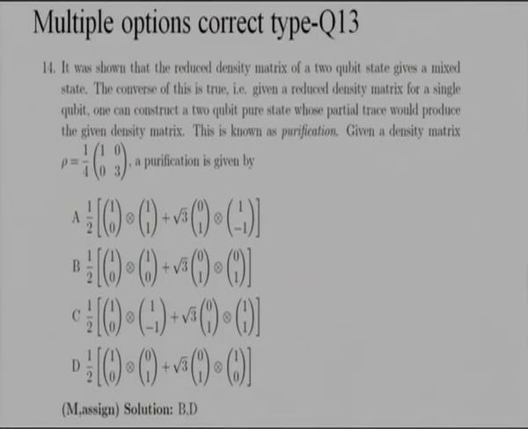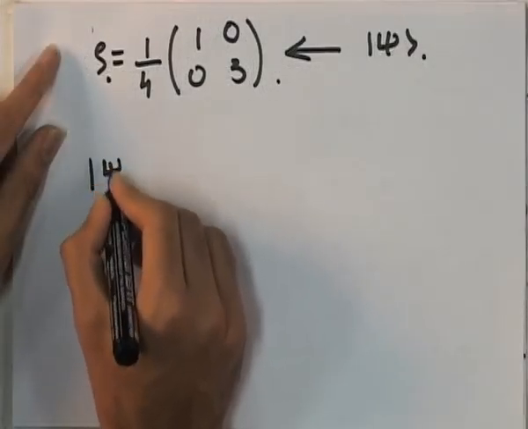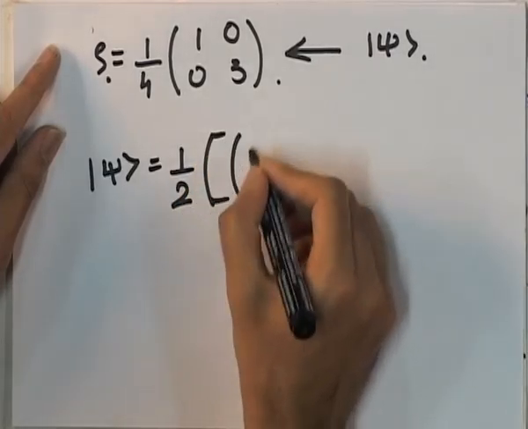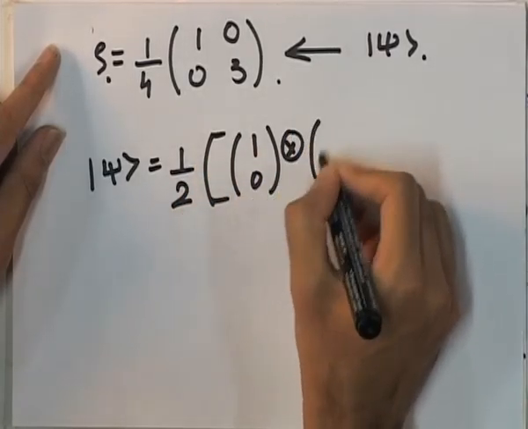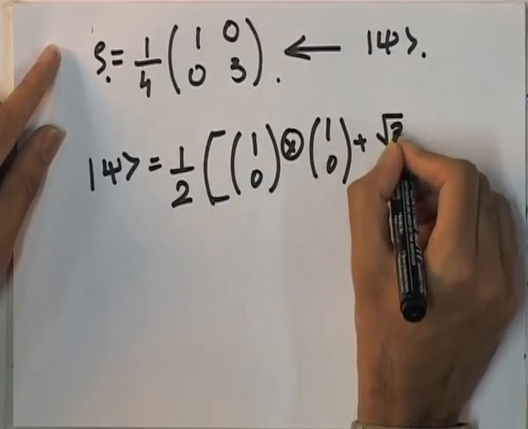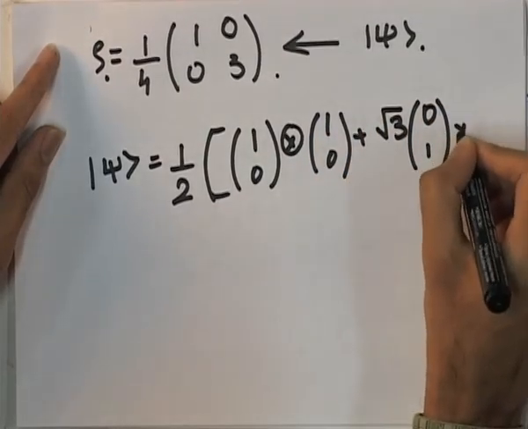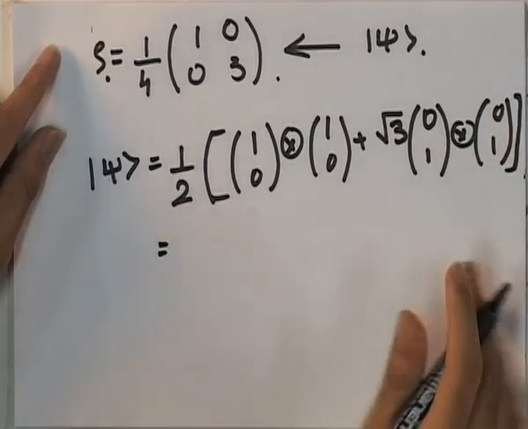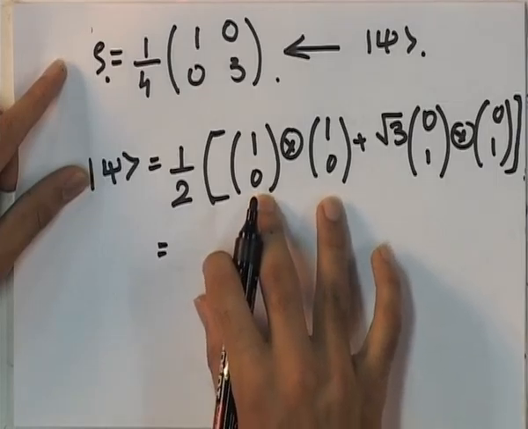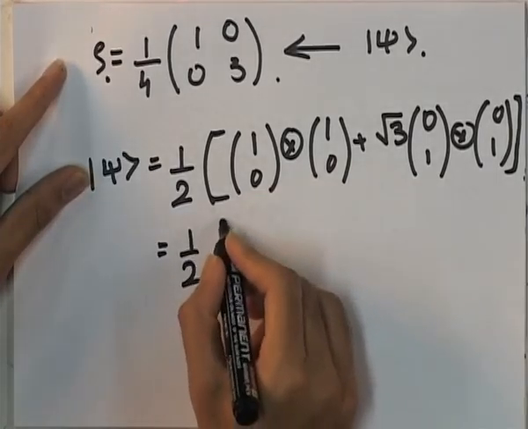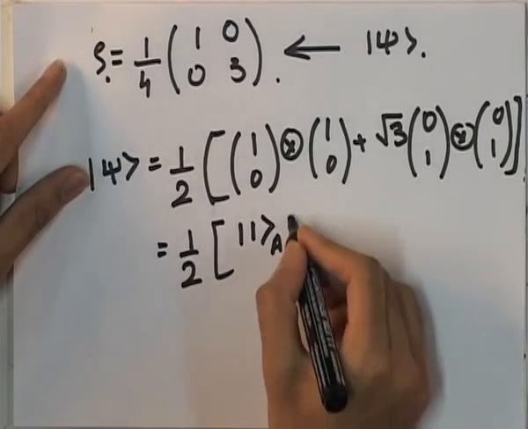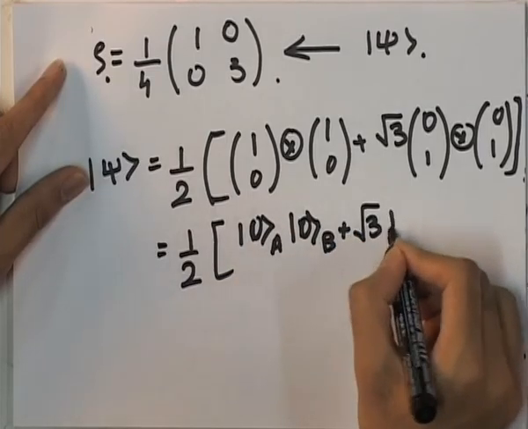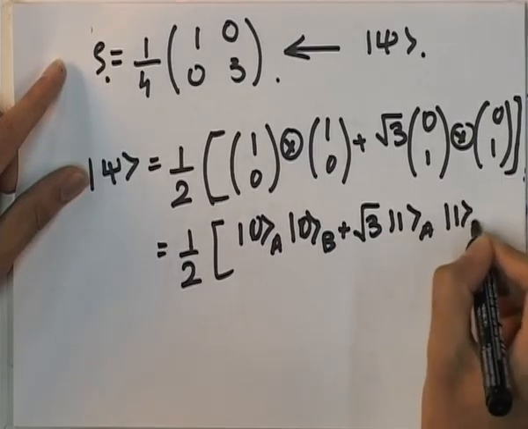Option B is that psi is given by 1 upon 2 times (1, 0 tensor 1, 0 plus root 3 times 0, 1 tensor 0, 1). If we expand this in ket notation, we get 1 upon 2 times (|0_A 0_B> plus root 3 |1_A 1_B>).